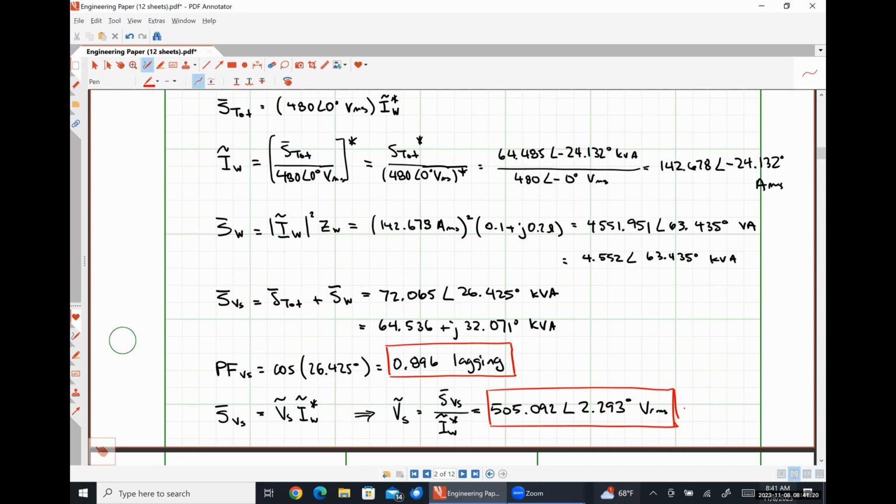Exactly right. Yep. Okay, so from this example, we can see that our source for this system is operating at a power factor of 0.896 lagging. While this isn't particularly low, it is lower than the threshold that most electric utilities would prefer that we operate at.